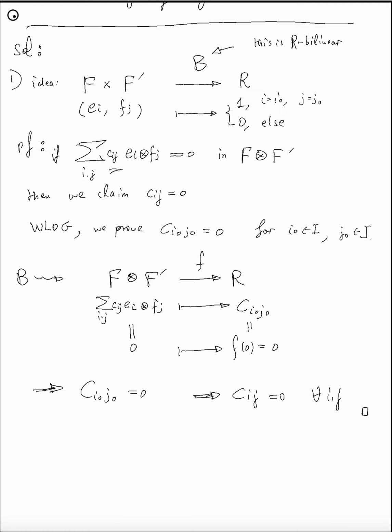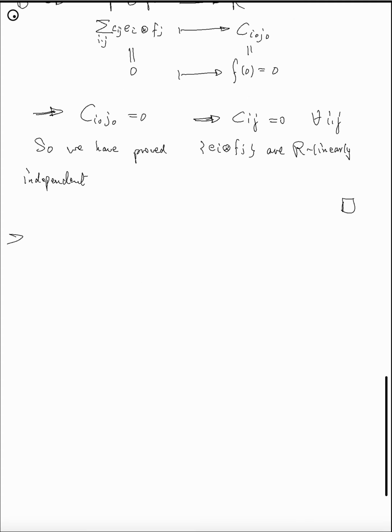And so we have proved this indeed gives you linear independence. Okay, so we have proved they are linearly independent, and that's all, because the generating set is trivial. We've discussed that a lot.